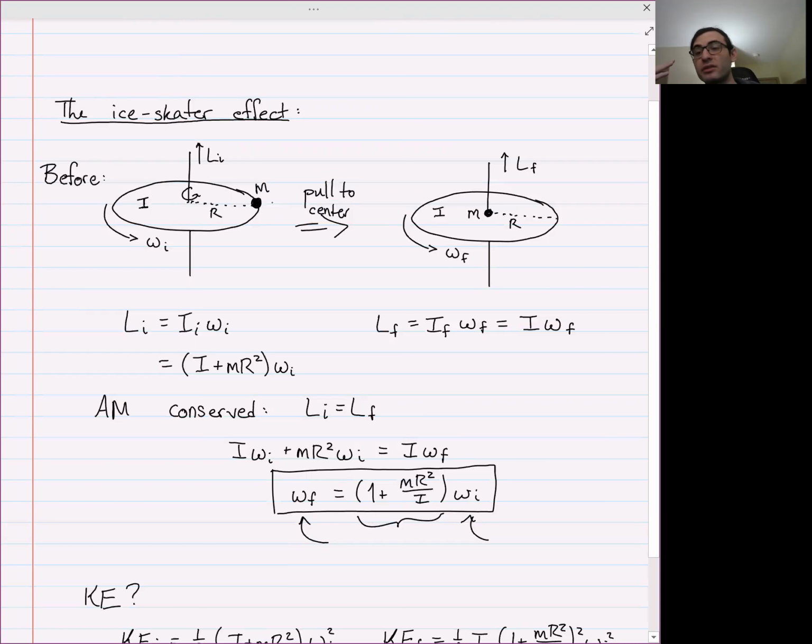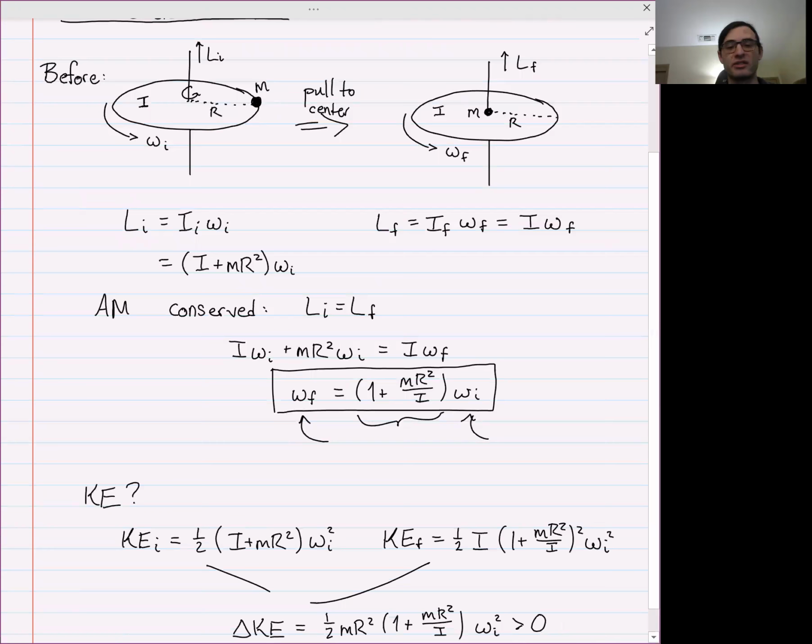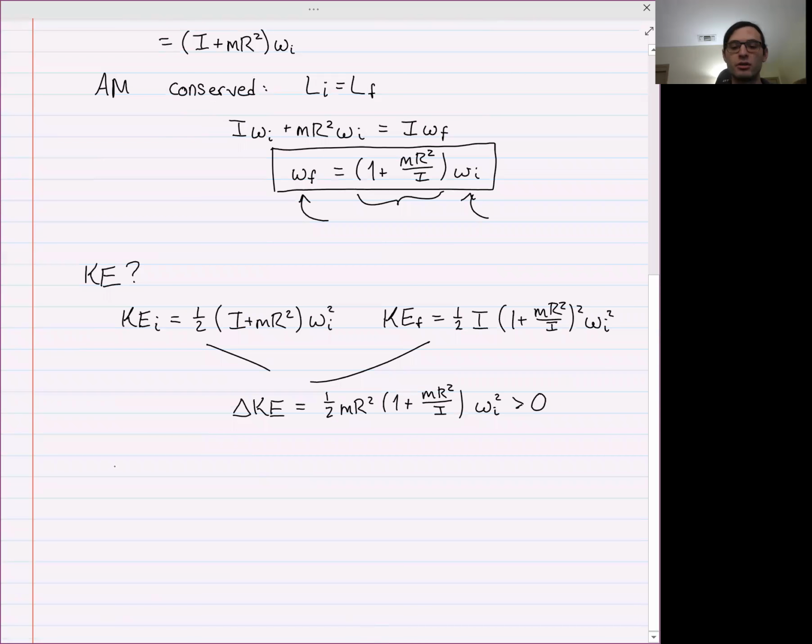And when that happens, that would be what's called a central force. And we know central forces don't apply torques. So it cannot be the case that this extra energy came from rotational work, because there's no torque. So where did it come from?